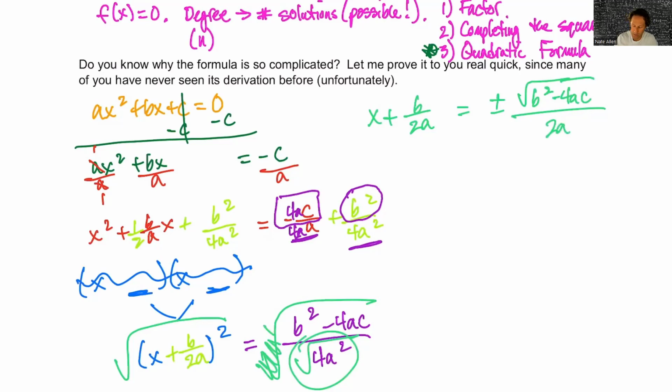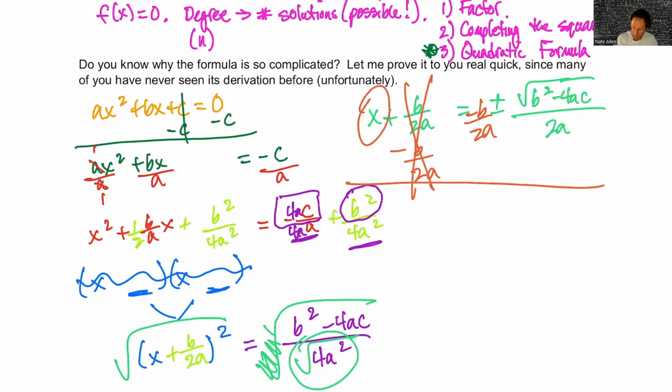And I'm almost done. I just got one more step, and that is to get that x by itself. And what is being done to it? It's being added by b over 2a. So to undo that, we will subtract both sides to cancel this out and get what we set out to get. And that was the solutions, the zeros, the roots, the x-intercepts of x.